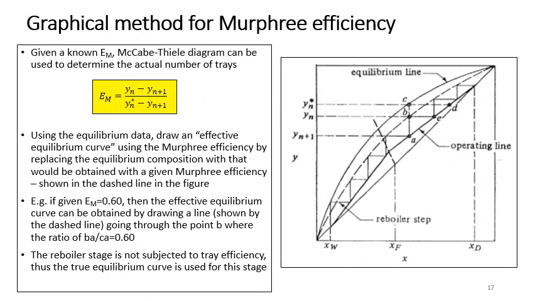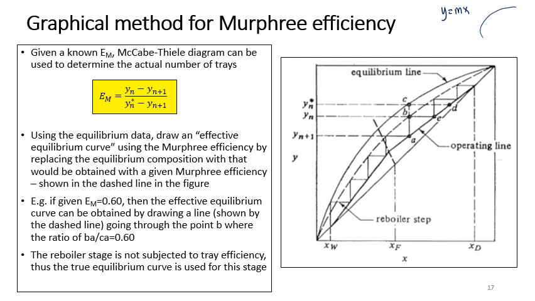As mentioned, if your equilibrium curve does not satisfy the y equals mx line and is instead a curve, then to relate Murphree efficiency and overall efficiency, you have to use the graphical method. Given a known value of EM, you can use the Metcalfe-Taylor diagram to determine the actual number of trays.